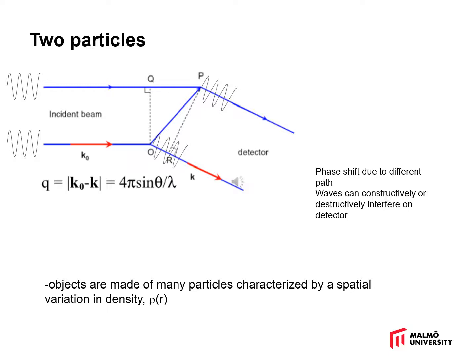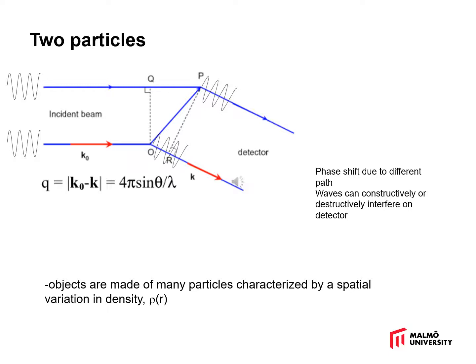So in the first case, let's consider the interaction of two particles. And of course, objects are made up of many particles characterized by a spatial distribution or a spatial variation in density, rho of r. But let's consider these two waves and two particles.